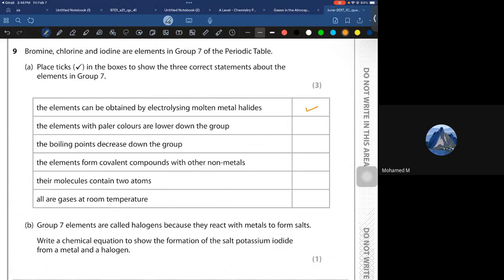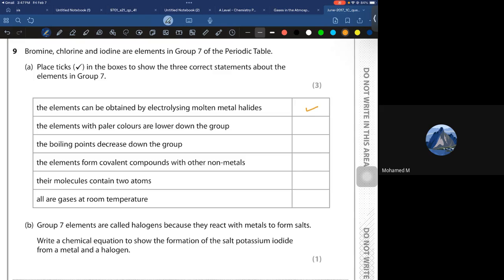Now the fourth statement: the elements form covalent compounds with other non-metals. Halogens are all non-metals.